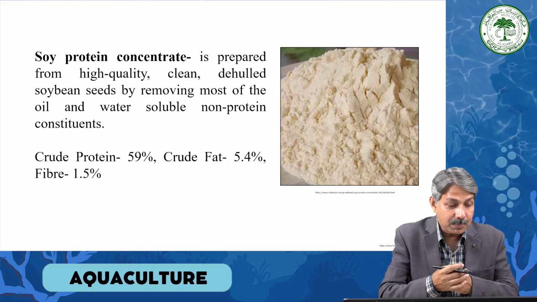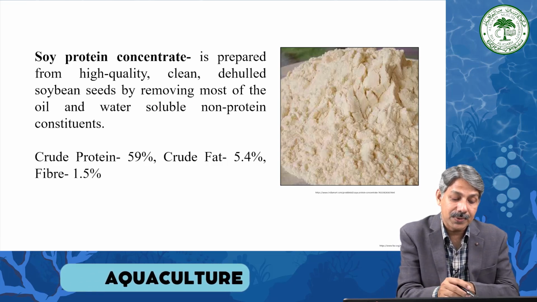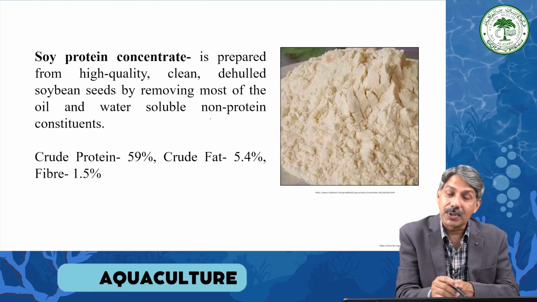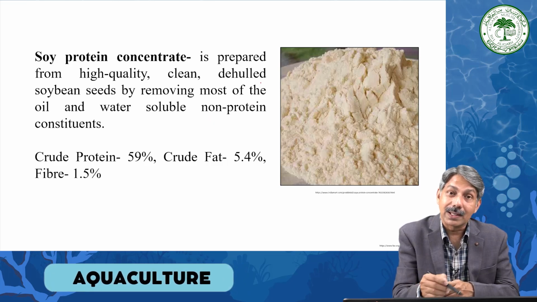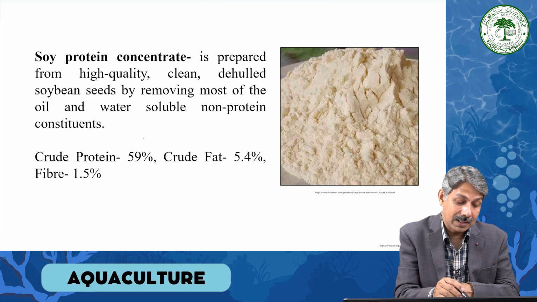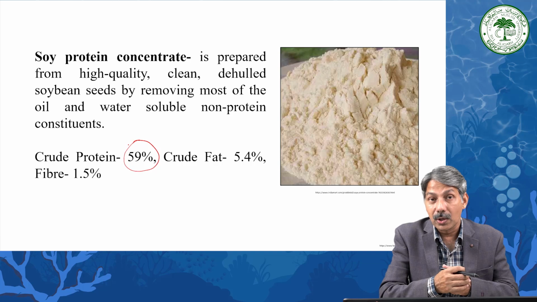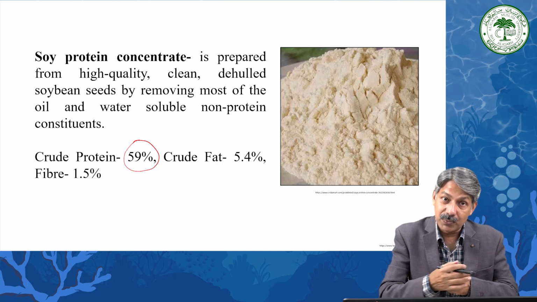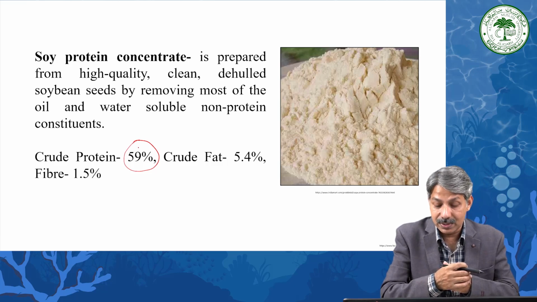Soy protein concentrate is prepared from high quality clean dehulled soybean seeds by removing most of the oil and water soluble non-protein constituents. When you do this, of course the concentrated protein remains, and you can see that compared to soybean oilseed meal that you have seen in the previous slide, here crude protein content is more, 59%.